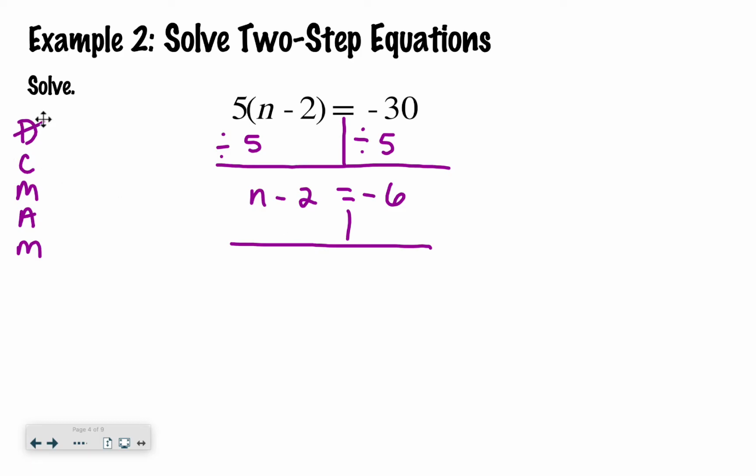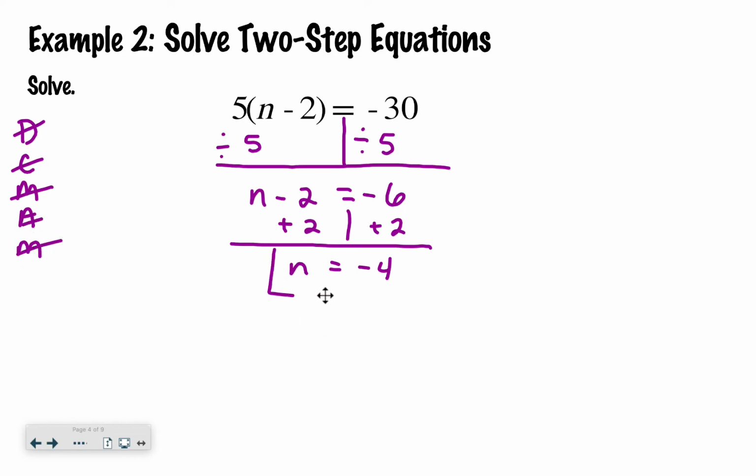I distributed, divided, no like terms to combine, and variables are already only on one side. So now I would add or subtract. Here it's subtracting 2, so I would add 2. So I have n equals negative 4, and the n's already by itself, so there isn't anything to multiply or divide.